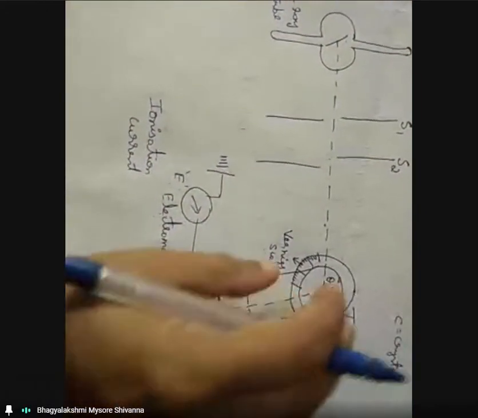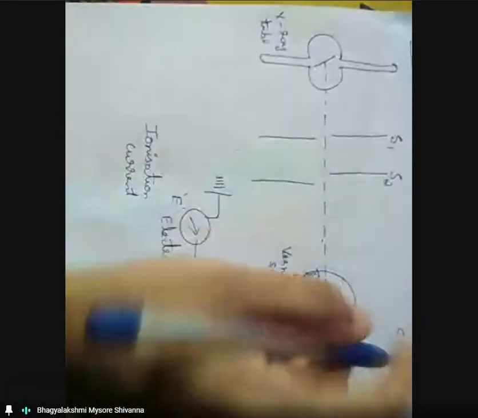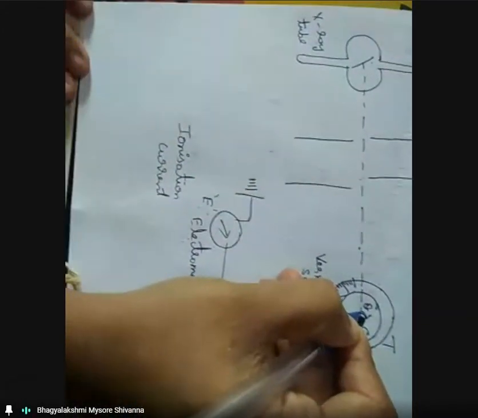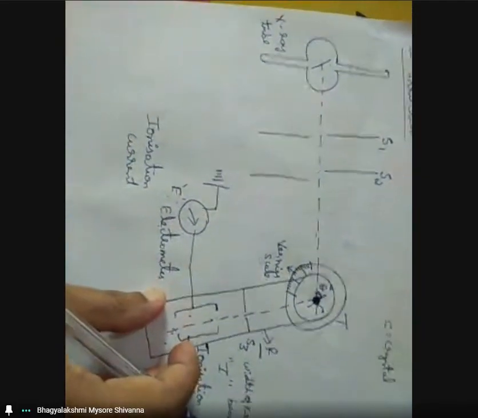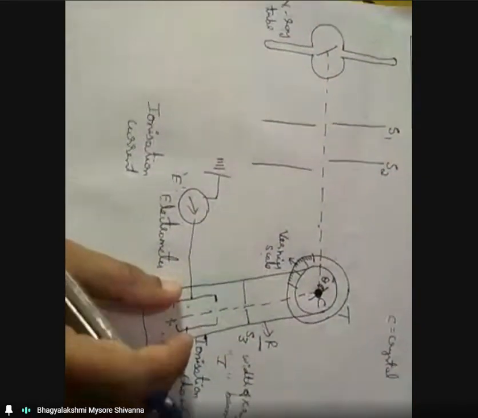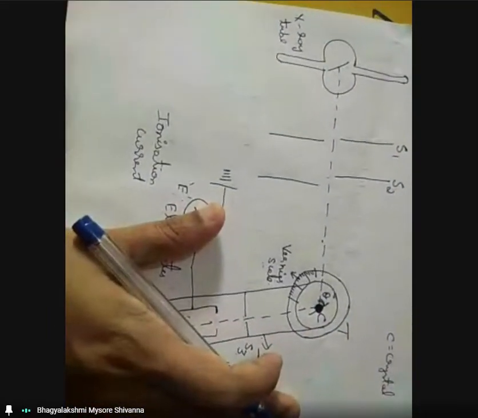When the crystal is rotated through an angle theta, the chamber should turn through an angle 2 theta, according to Bragg's law. So this is the construction of the X-ray spectrometer.